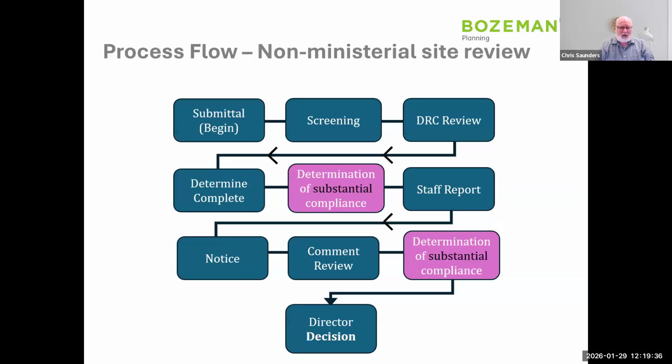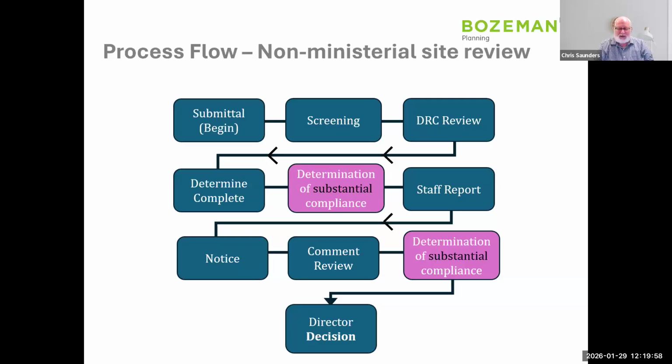If it's providing a factual argument, we evaluate it to say, is there information which shows that the project is not satisfying the requirements? If staff concludes that it is still in substantial compliance, then it moves on to the director decision.